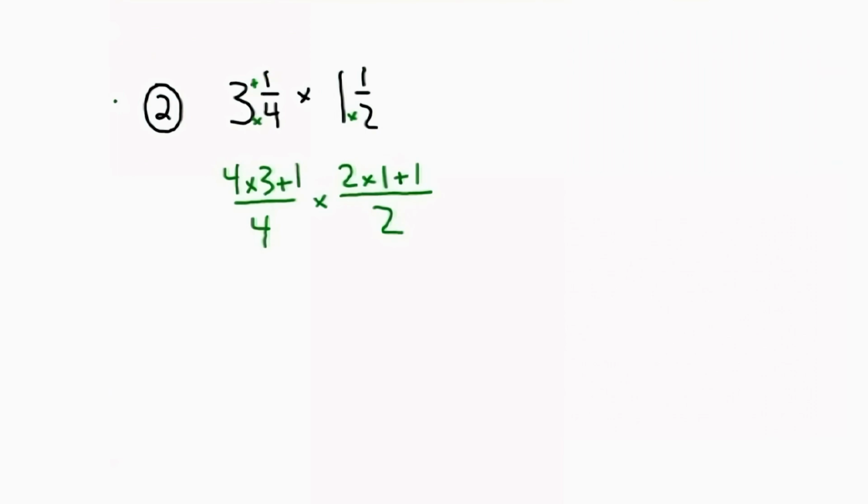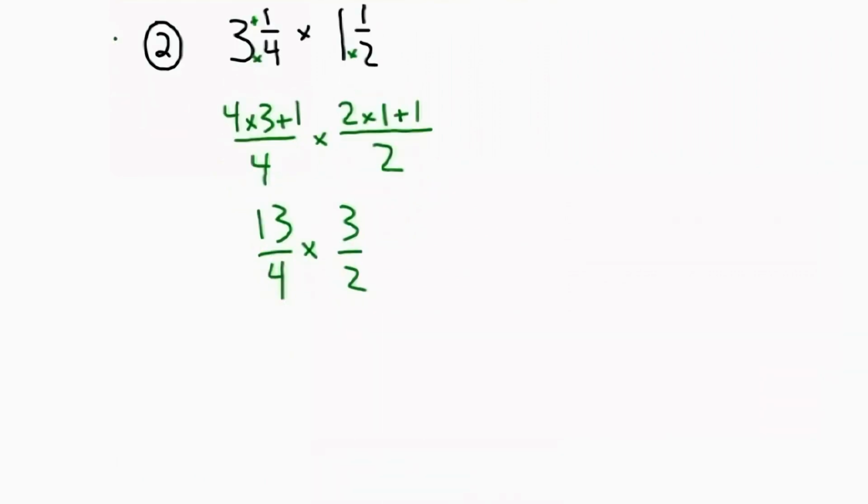And simplifying the first fraction now, we get 4 times 3 is 12, and 1 is 13 over 4, times, in the second one, 2 times 1 is 2 plus 1 is 3 halves.